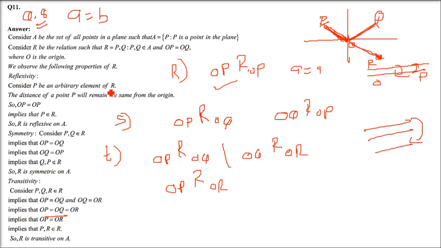Let's go to question number 12. So it has certain parts. This is an NCERT question. So we need some more discussion here. Let R be the relation defined on the set A. The set A is given by 1, 2, 3, 4, 5, 6, 7.